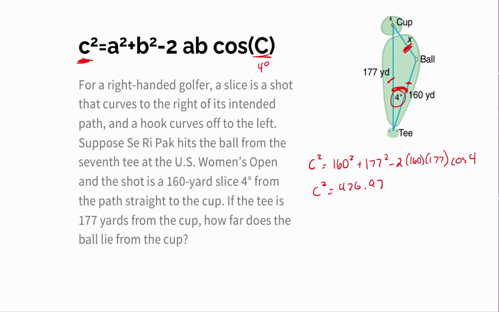But remember that that's c squared, so we need to take the square root of that, and that's going to be 20.66 yards. And that's it. It's literally that easy. You just plug it into the formula.